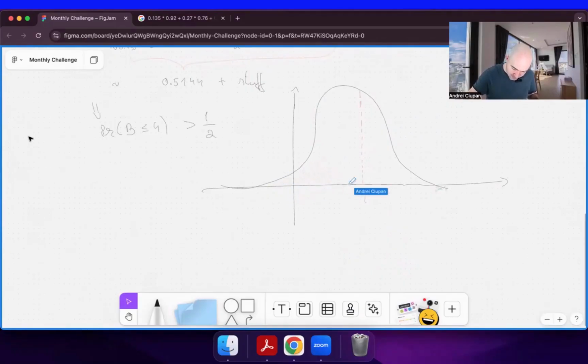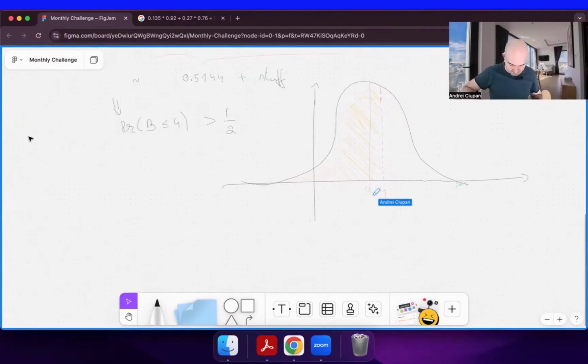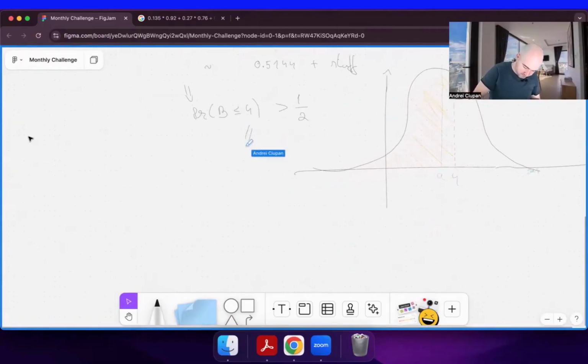The probability of being less than or equal to 4 is more than 1/2. Well, this means that the number where we have exactly 1/2, the median A, has to be less than 4. So the median of B is strictly less than 4.